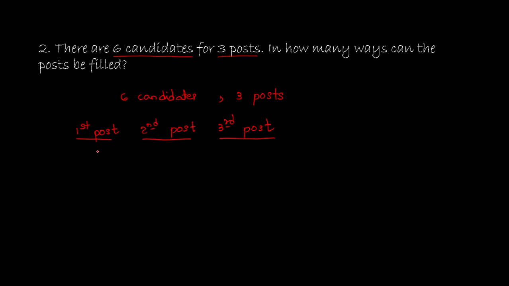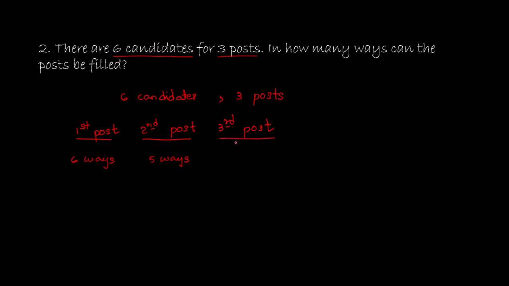For the first post, there are 6 candidates, so it has 6 ways. If one candidate gets the post, there are only 5 candidates for the second post, so the second post has only 5 ways.